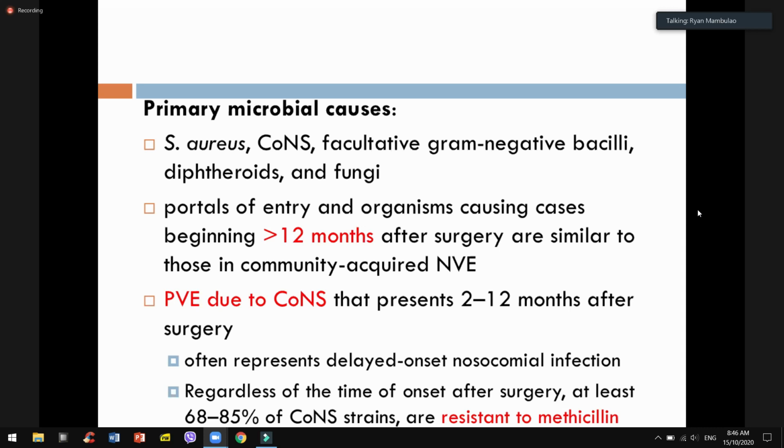Pag more than 12 months, staph ang most common. But either of the two, as long as it's a prosthetic valve involvement, you have to consider that it is resistant to methicillin. So you have to give medications for resistant methicillin na bacteria. Let's say you add vancomycin.